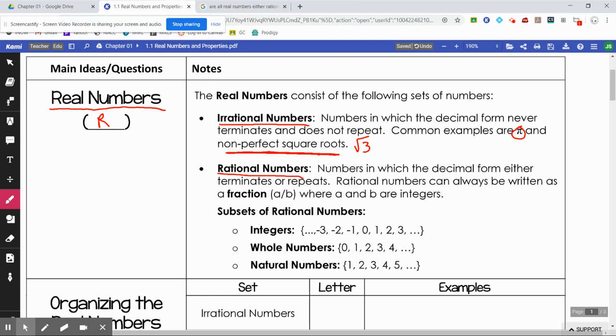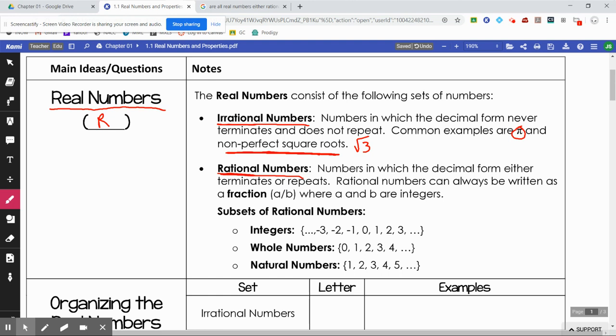Now, the opposite of irrational, again, the prefix ir means not. So the word irrational actually means not rational. So it's either not rational or it is rational. So it's got to be one or the other. It can't be both. It can't be anything else besides those. Rational numbers are numbers in which the decimal form either terminates or repeats.